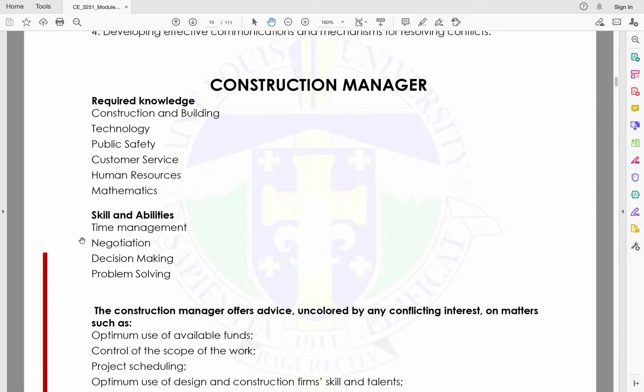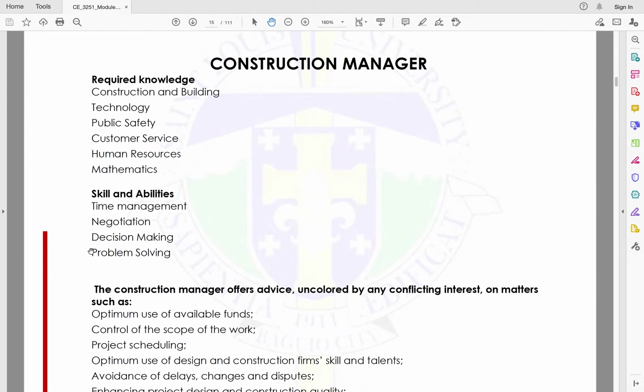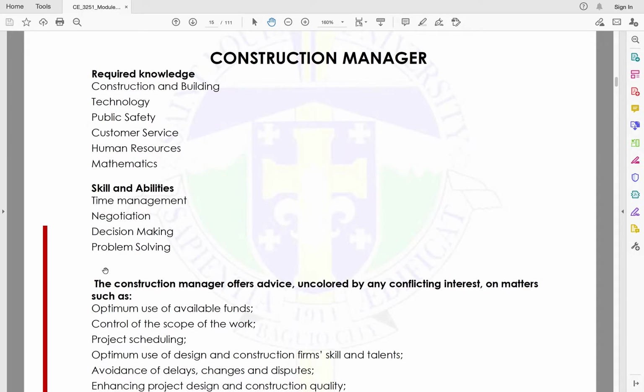Okay, don't worry, we'll be tackling that in depth in the coming module. So next is you should be a good decision maker given the circumstances, given the available resources, at the time possible. So you should make a good decision out of the available resources, okay? And you should have a good problem solving skill.